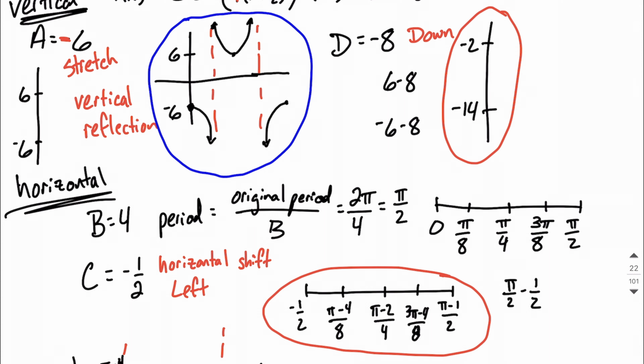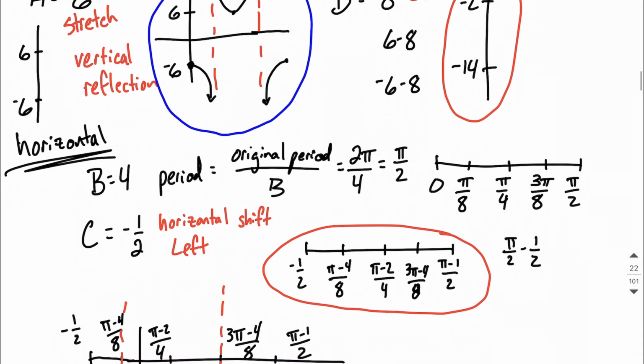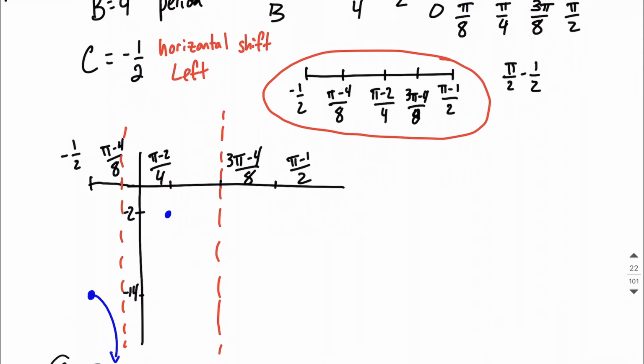It's going to be at pi minus 2 all divided by 4, so like the third label in, and the y-axis label of -2 for the lowest value. And then it's going to go up this way to kind of be a loop going on there. And then we're going to wrap up -14 for our y-axis label. And then our last x-axis label, which is going to be this pi minus 1 all divided by 2. Kind of sketch in as we approach the vertical asymptote from the right-hand side, it's going to go down.